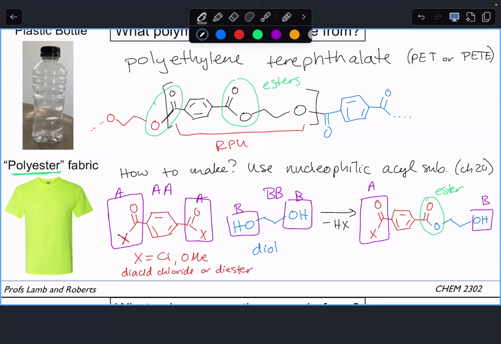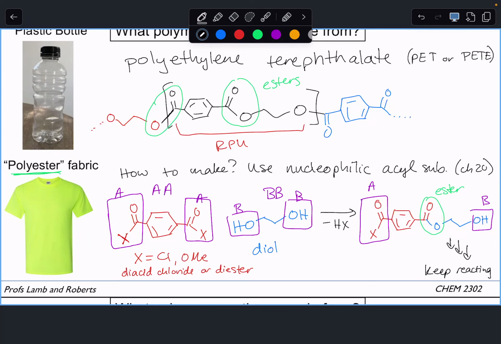And so, you know, 2 of these might come together, and then you have 4 units long, and then those come together, and you'll always have 1 A and 1 B on the ends. So you just keep reacting to make that chain longer and longer and longer. And eventually you start getting those really cool polymer properties.